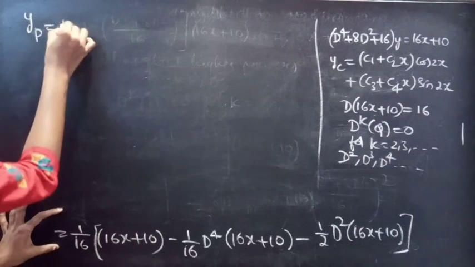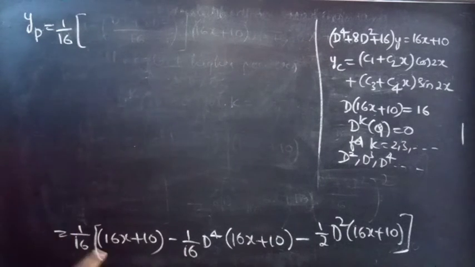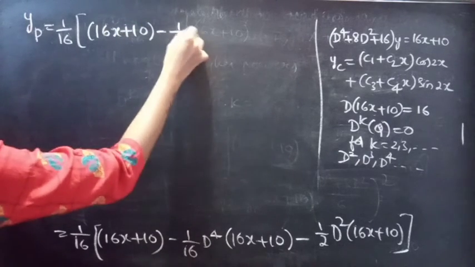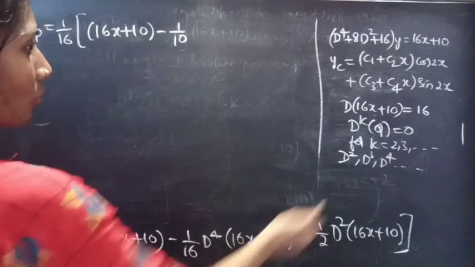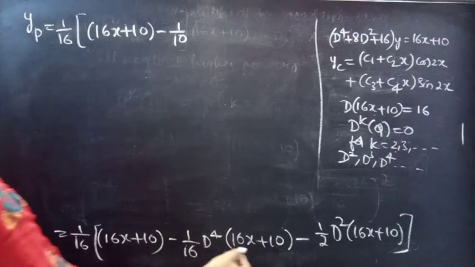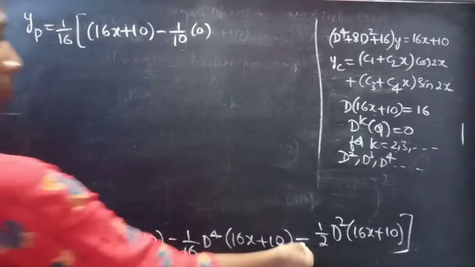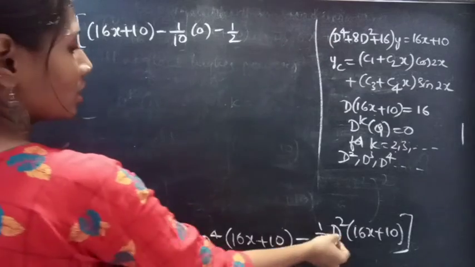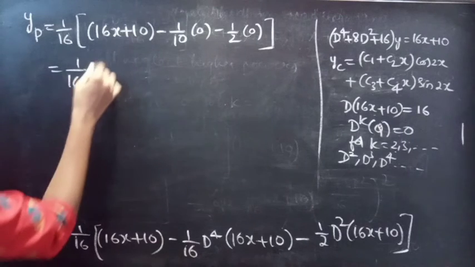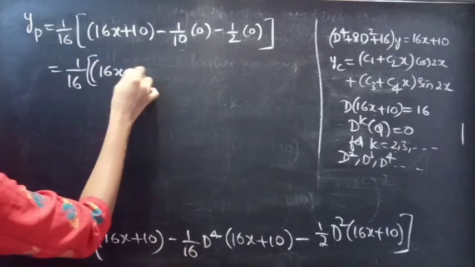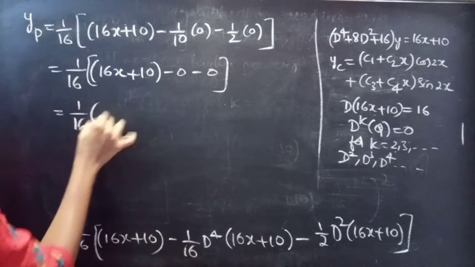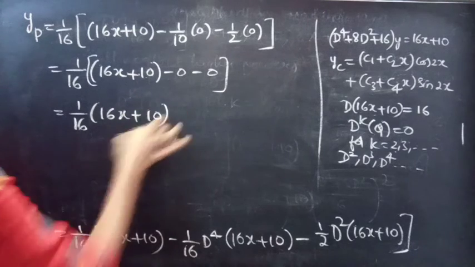So this becomes 1 by 16 into 16x plus 10, minus 1 by 16 into D power 4 of q, and we already know D power k of q is 0 for k equals 2, 3 and so on. So the value of D power 4 of q is 0, minus 1 by 2 into D square of q is also 0. This equals 1 by 16 into 16x plus 10 minus 0 minus 0, which equals 1 by 16 into 16x plus 10.